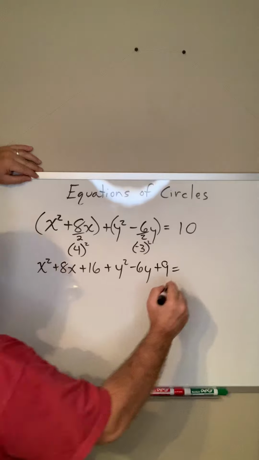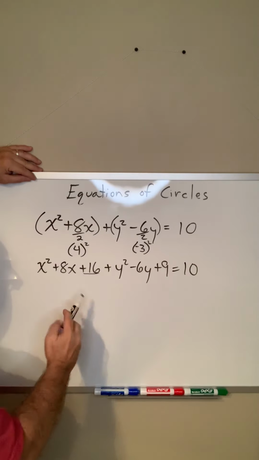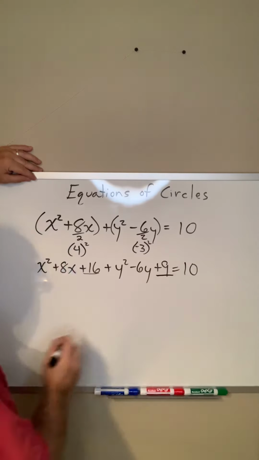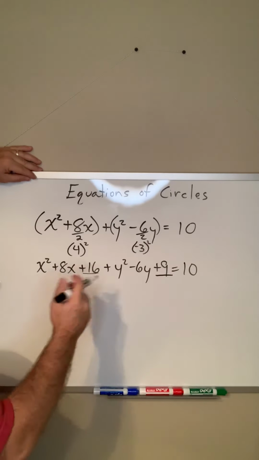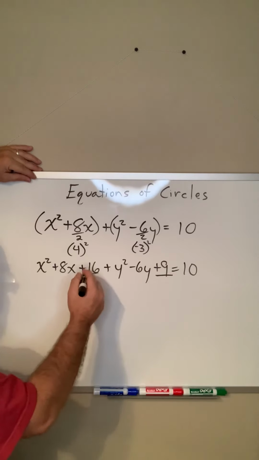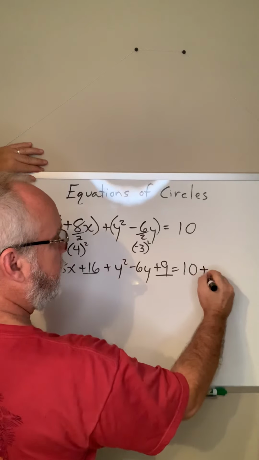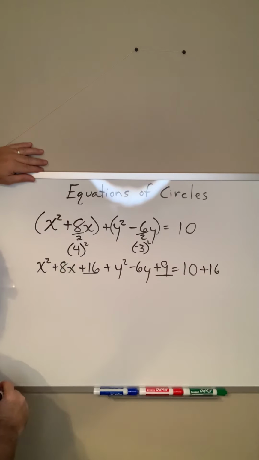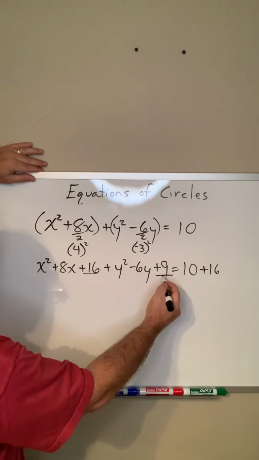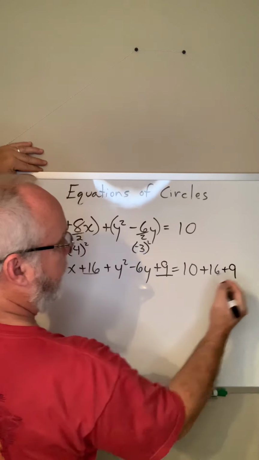Now we can no longer equal 10 because we have added in 16 and we've added in 9 to the problem. So what I add to one side, I have to add to the other side. So if we added 16 to the left-hand side of the problem, we need to add 16 to the right-hand side of the problem. If I added 9 to the left, I have to add 9 to the right.